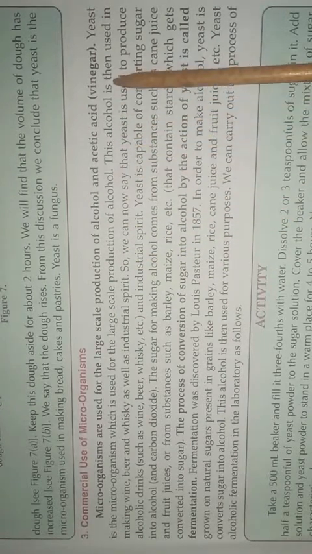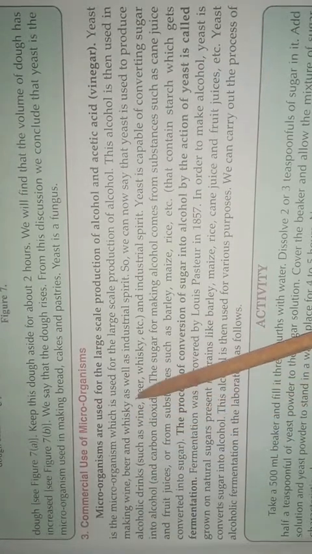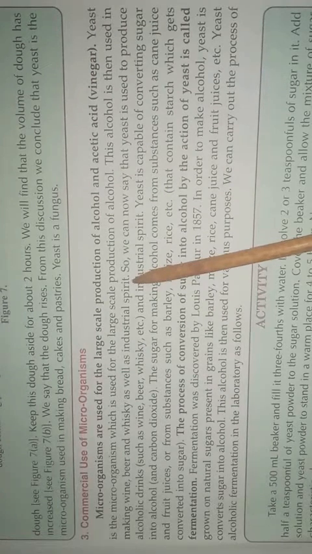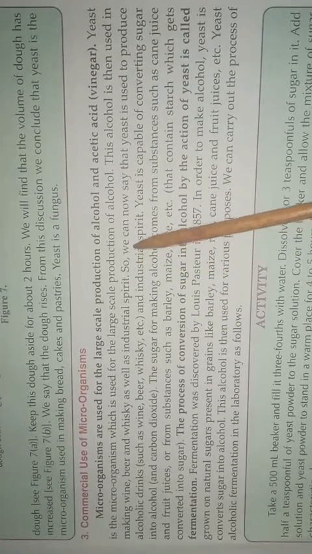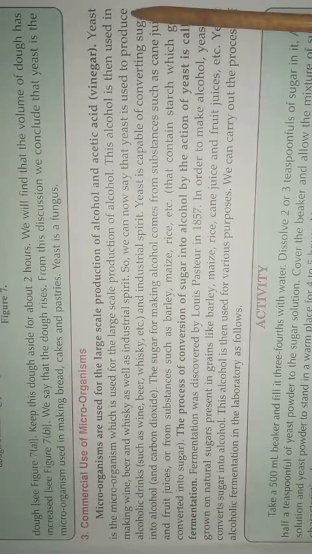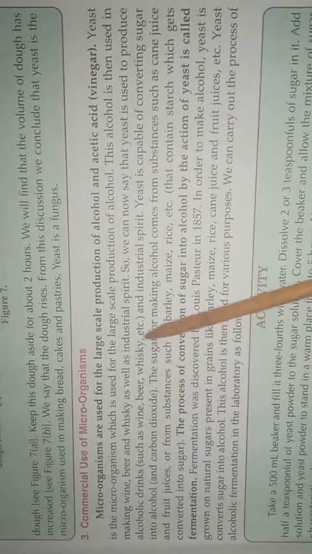This alcohol is then used in making wine, beer and whiskey as well as industrial spirit. So we can say that yeast is used to produce alcoholic drinks such as wine, beer, whiskey, etc.